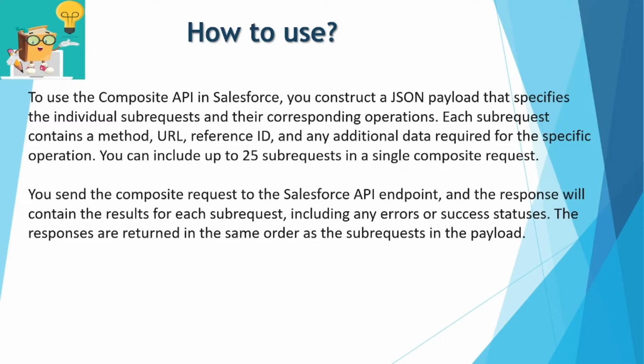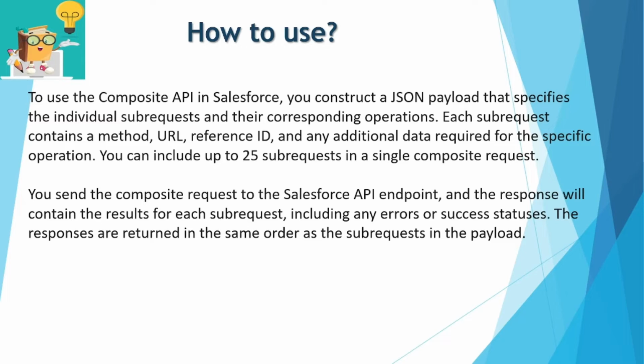Now, one of the key points to notice here is that one composite API can have only 25 sub requests in it. Once you create this composite API structure and hit it, the overall response you get from the composite API callout will have sub responses in it.